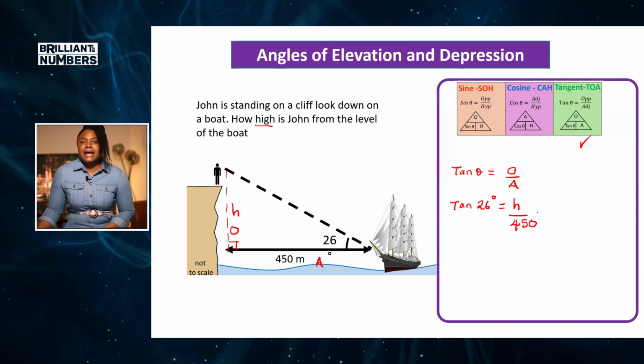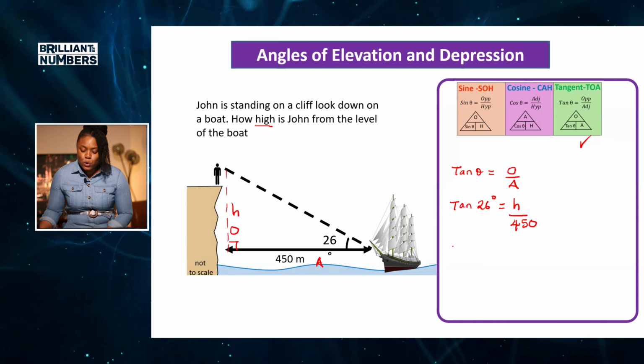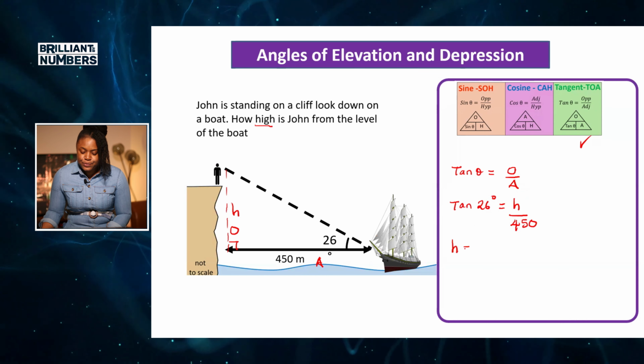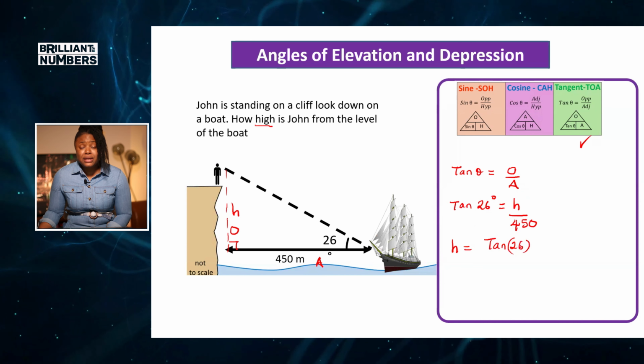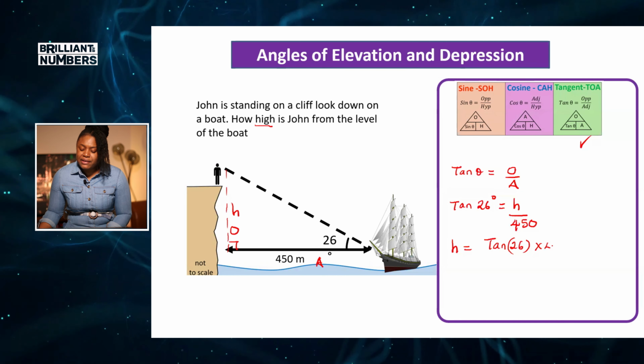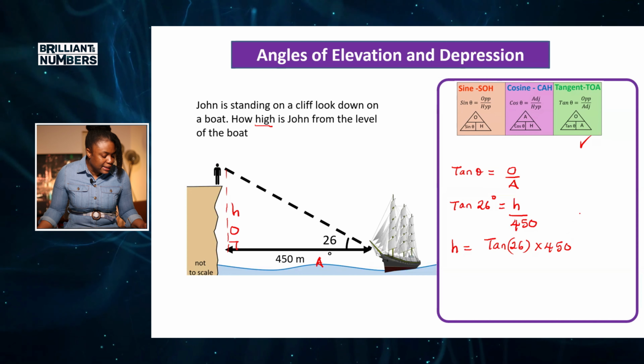So again, my variable is in my numerator. I'm going to then multiply. So h then will be equal to tan 26 degrees, which I put in bracket, multiplied by 450. So we get our calculator.